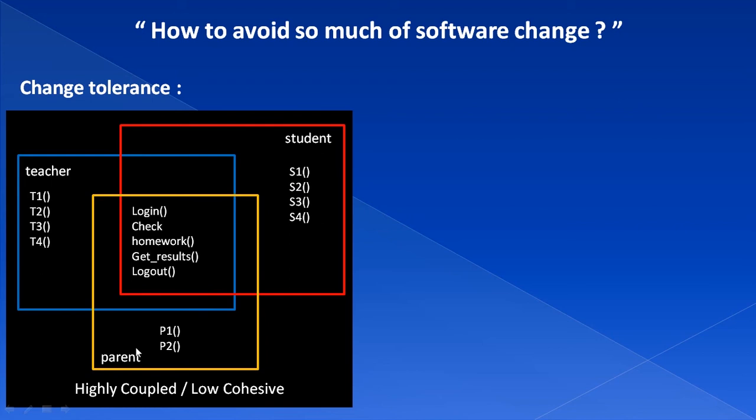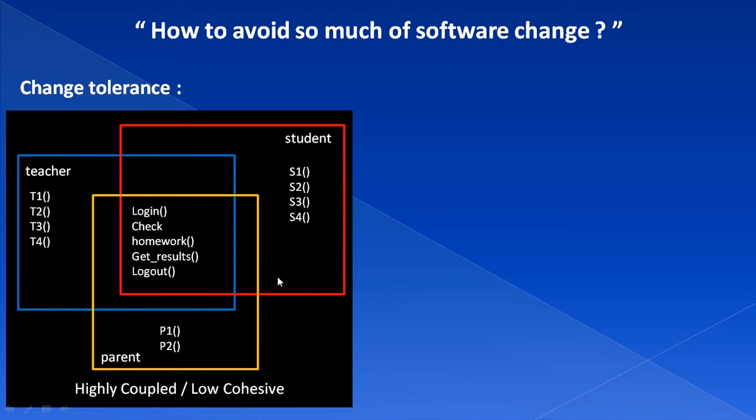So none of them can log in. This kind of system we call highly coupled, right? The modules are very tightly coupled and they have common modules. We call it highly coupled.